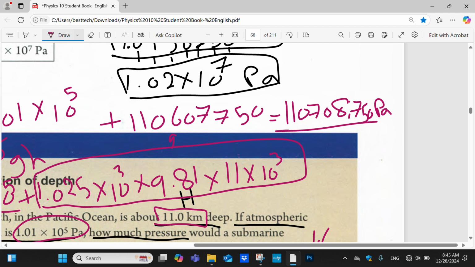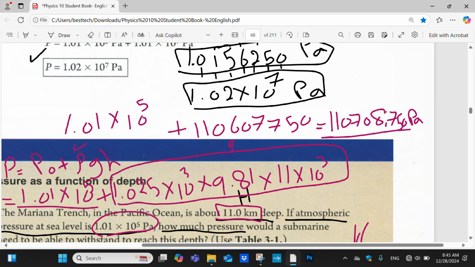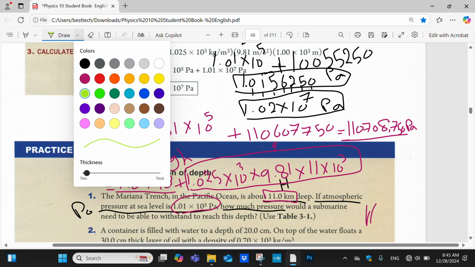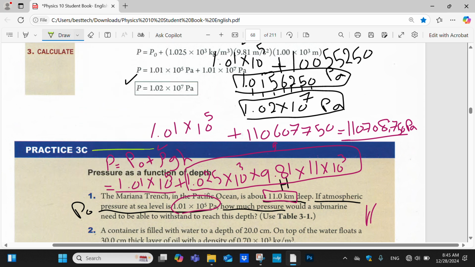This is the answer of this question 1. So only applying the rule, just applying the rule. You have to use the rule of finding pressure. The atmospheric pressure, we have this number. The density, we have g, we have H, we only multiply and at the end add.